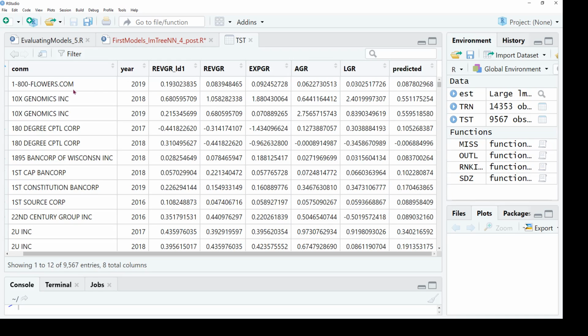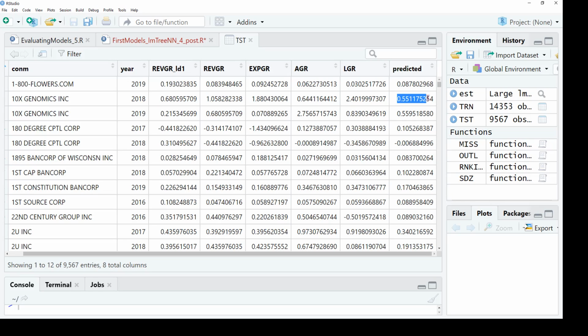And we could see for 1-800-Flowers.com, the actual growth in 2020 was 19%. Remember, 2019 is year T, so this is for the following year. And we predicted that it would be about 9%. So the prediction in that case was not too off. In the 10x Genomics company, the revenue growth was actually 68%.